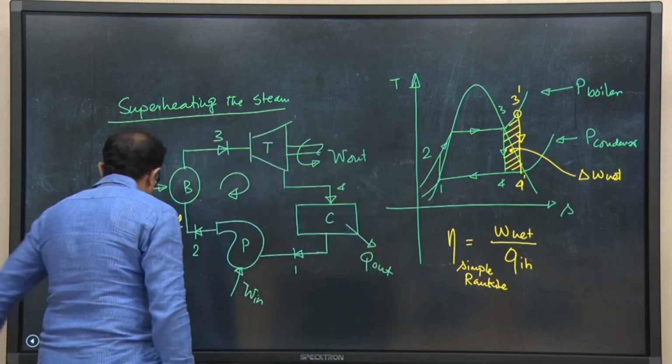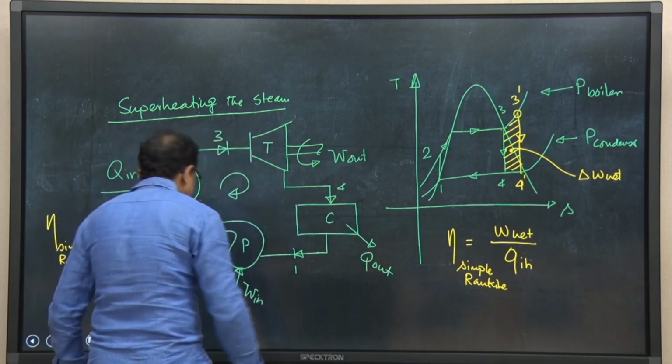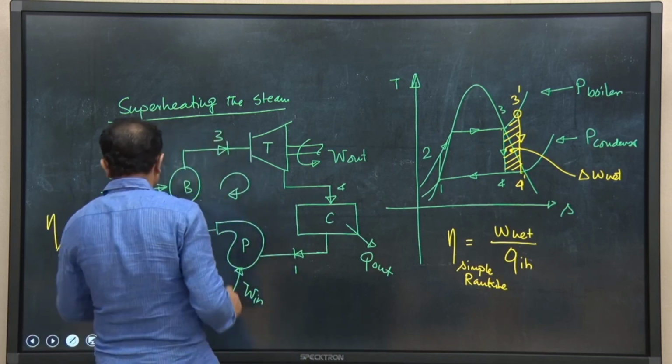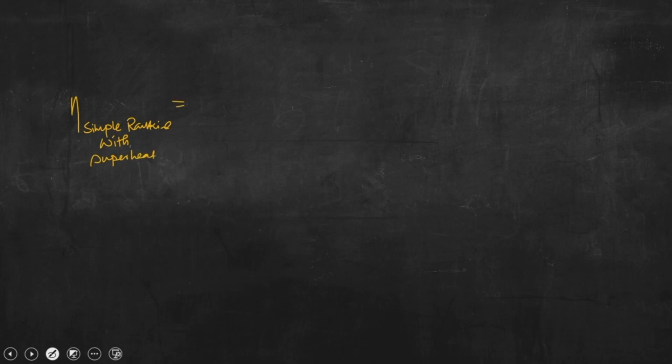So, that means, if we go to the next slide, eta simple Rankine with superheat will be equal to W net plus delta W net by Q in plus delta Q in.